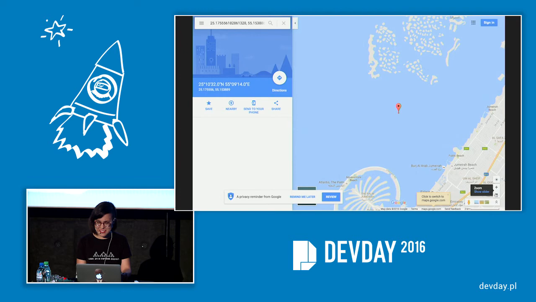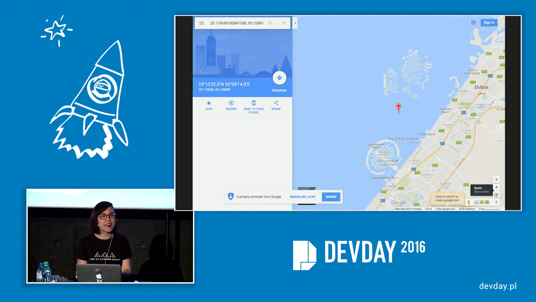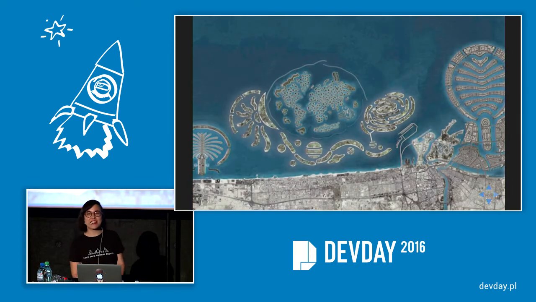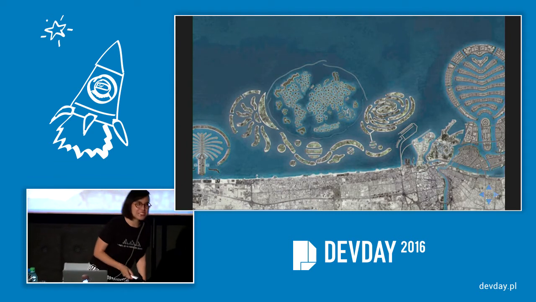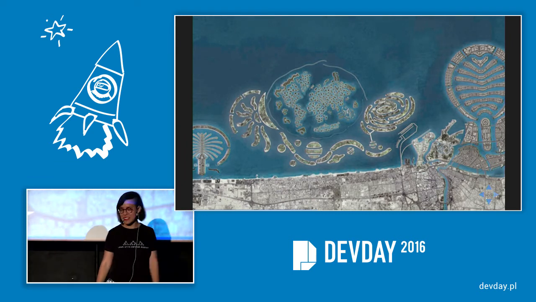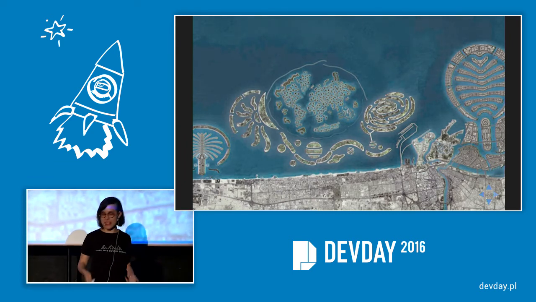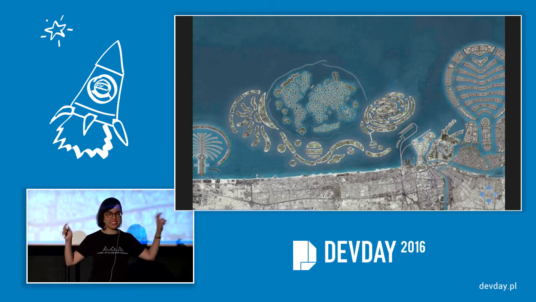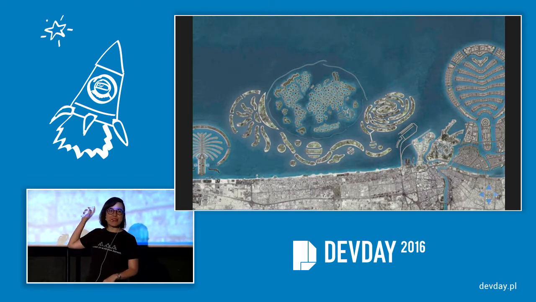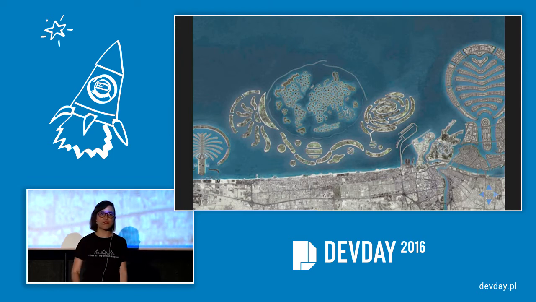And then I realized, okay, the universe is in Dubai. So I started Googling that, and I found that in Dubai there was this development project where they were planning to build the universe islands. So the map on there is like a map of the Earth.